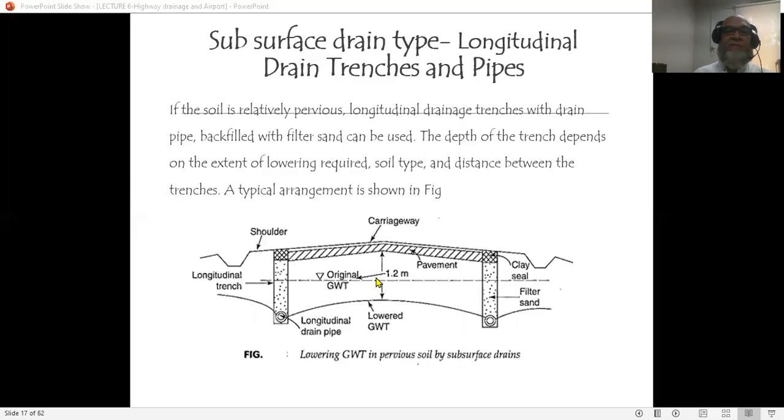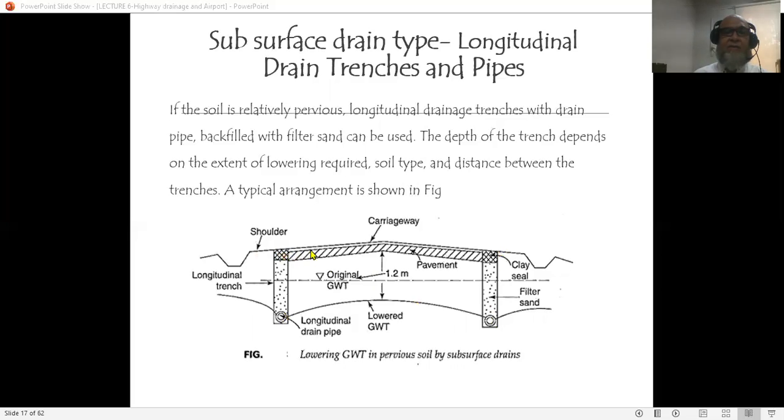And this step is dependent upon the groundwater table. So still we have to raise the pavement by 1.2 meter. So you have to have at least this depth more than 1.2 meter. You build trenches here and here.